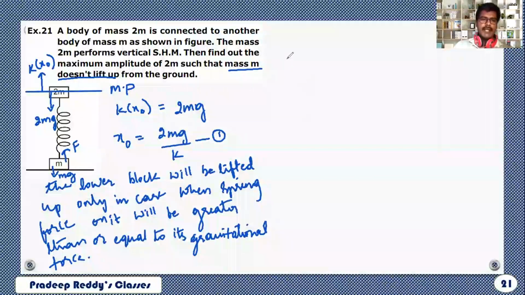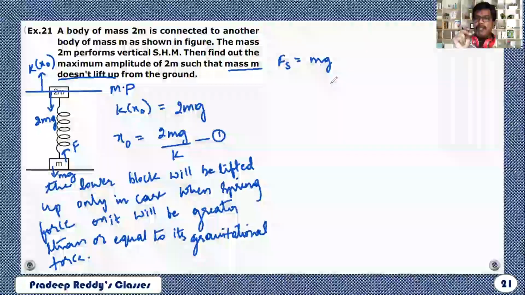So I will be simply writing it as spring force is equal to gravitational force. Until F is equal to mg, this mass does not lift up. If spring force is greater than gravitational force, then only body will be lifted up.